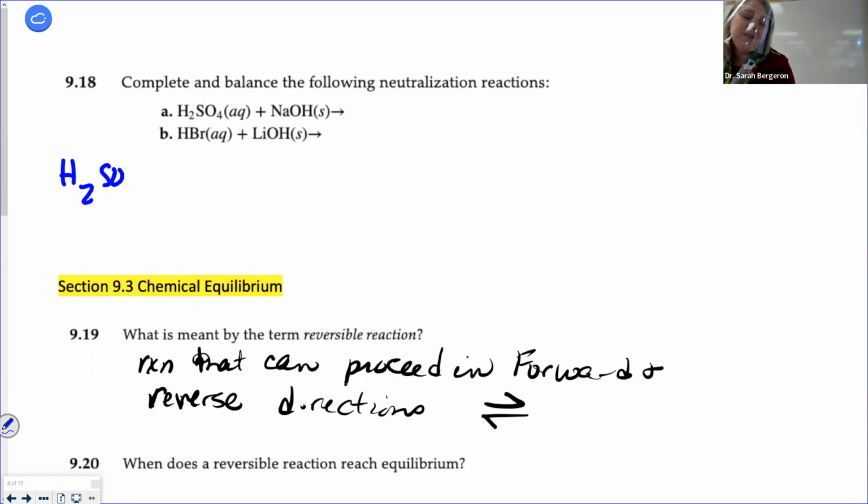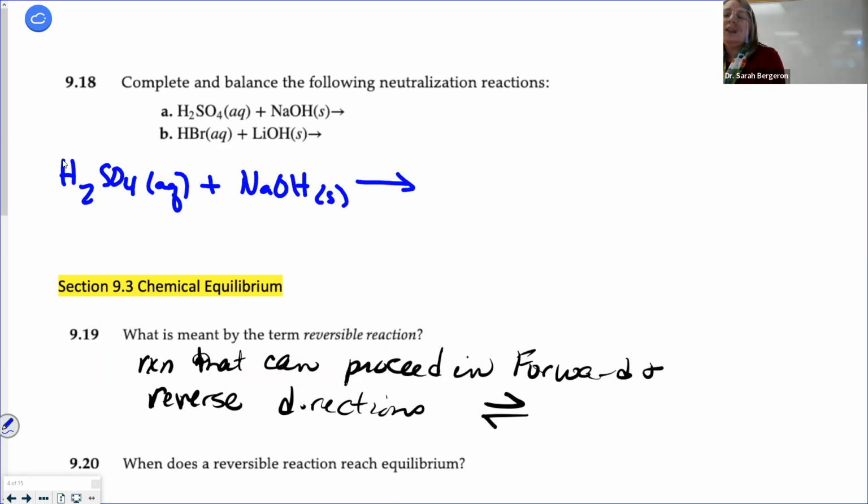Complete and balance the following neutralization reactions. This is one we left off on, correct? Yeah, okay. So when we do this, what's happening? We have H2SO4, it's aqueous, plus NaOH, this is a solid. In any neutralization reaction, what do we make? Always, always, always, always.